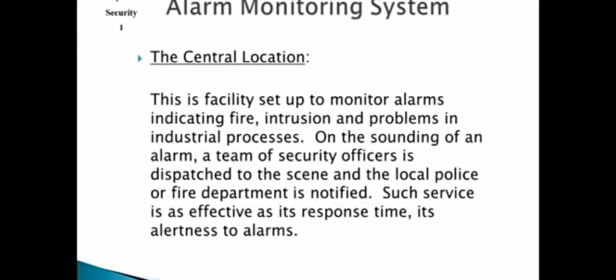Now, if it's an intrusion, we want to send our security forces. If it's a mechanical problem or we got toxic gas being released in an area and that alarm's going off, we want to send our ASIS team in there. If it's a fire, we want to respond with firefighters. Boom. So everything goes into your central location. Okay? Any questions on that?